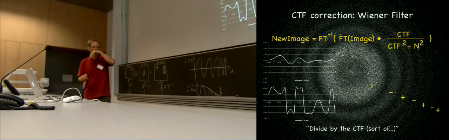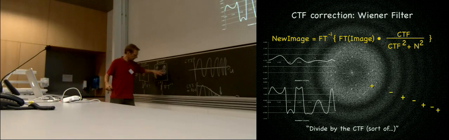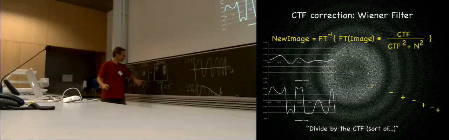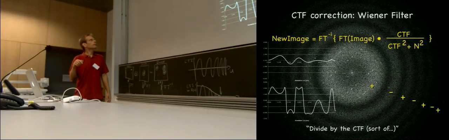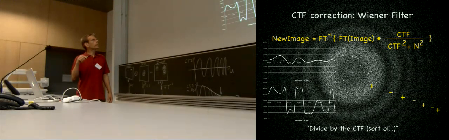What this does is we want to take the Fourier transformation of the image and divide by the CTF. The problem is, if you want to divide by this profile, you would divide these pixels by 1, that's okay. You would divide these pixels by 0.5, that's fine. You make them even stronger. But you would divide these pixels here by 0, and then your computer crashes.